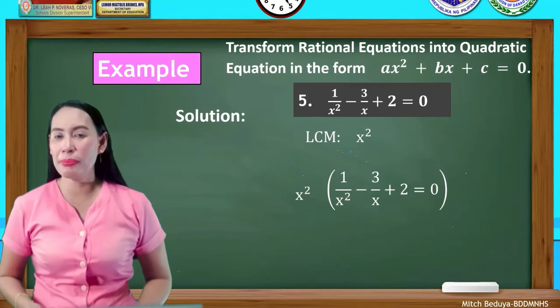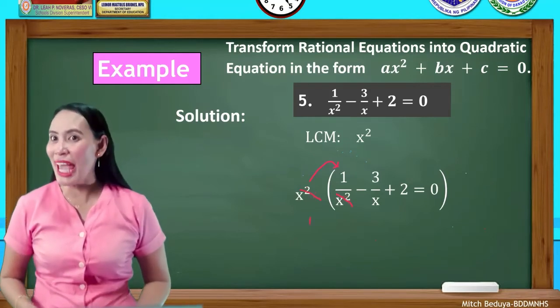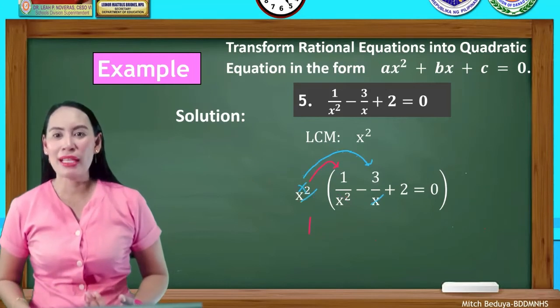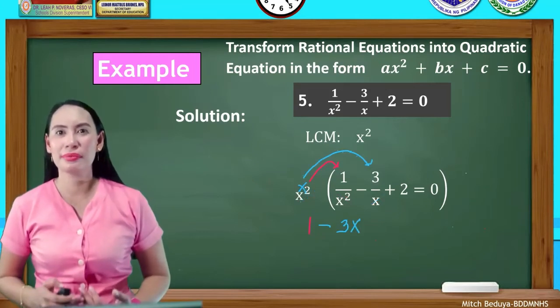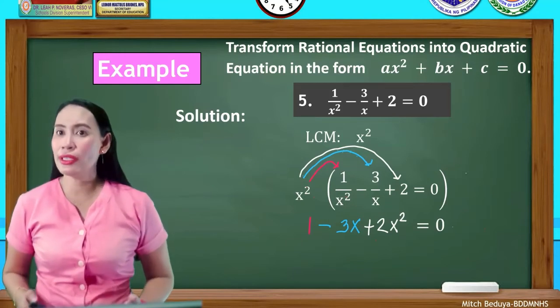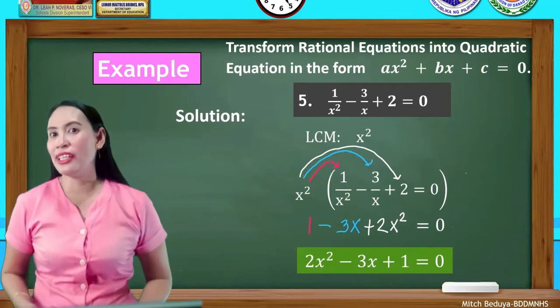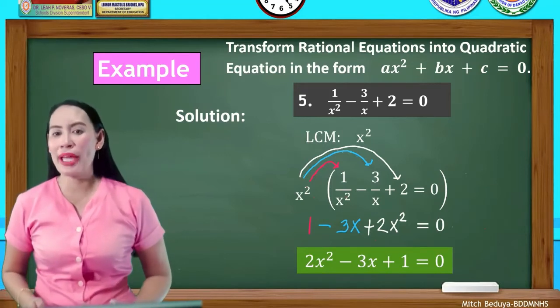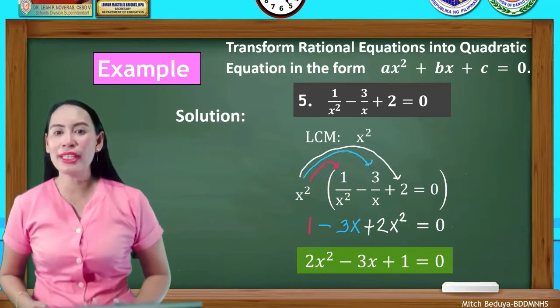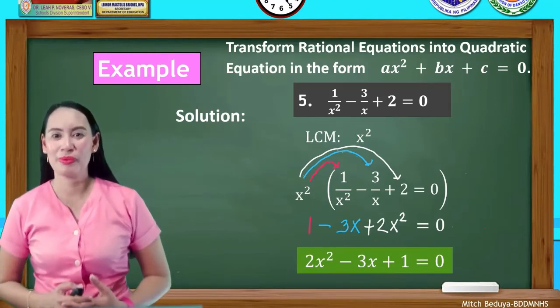The new equation becomes 1 minus 3x plus 2x squared equals 0. Arrange the terms in descending order. So the standard form is 2x squared minus 3x plus 1 equals 0.